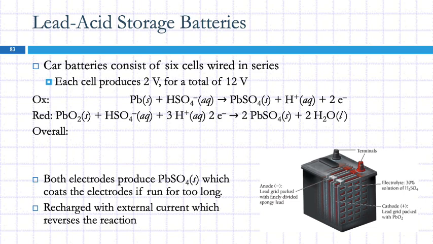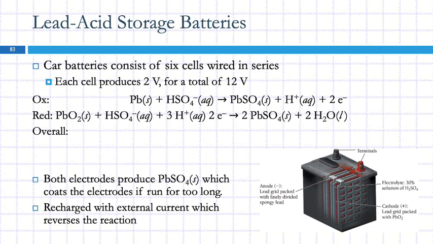And so what can happen with that is if the battery runs for too long, that lead sulfate coats the electrodes. And once it coats the electrodes, then it's very difficult for electrons to get through. And so the battery will run down. These batteries can be recharged with an external current which reverses the reaction.